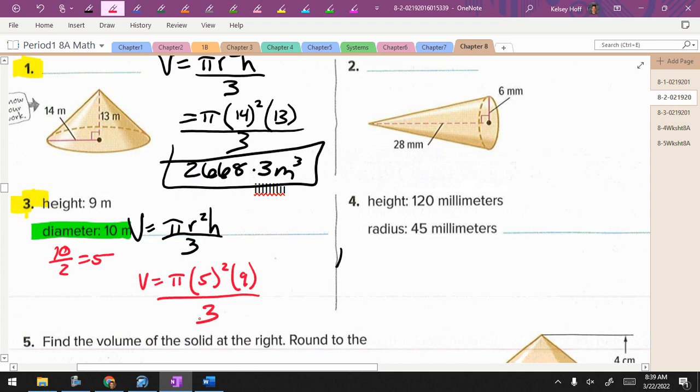Your radius should be 5. Your height should be 9.